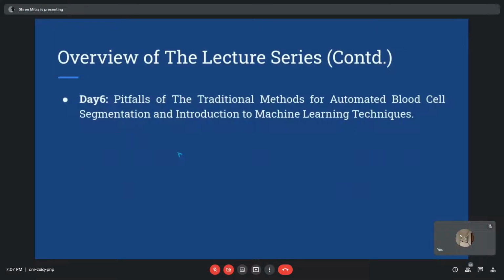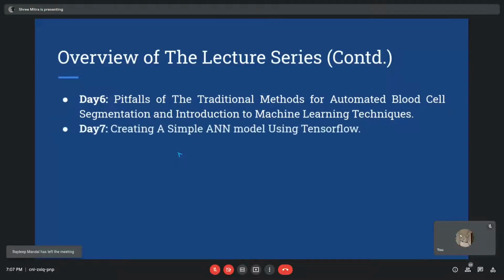In day 6, we are going to cover some pitfalls of the traditional methods for automated blood cell segmentation, and we are going to introduce some machine learning techniques for blood cell segmentation. In day 7, we are going to create a simple artificial neural network model using TensorFlow, and we are going to classify handwritten digits using the MNIST dataset.